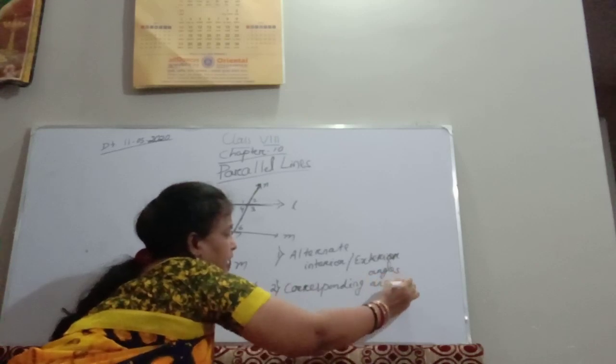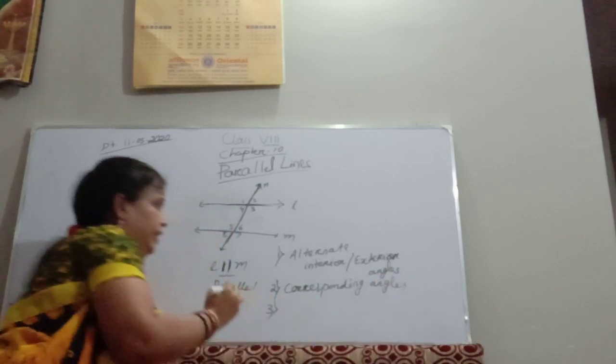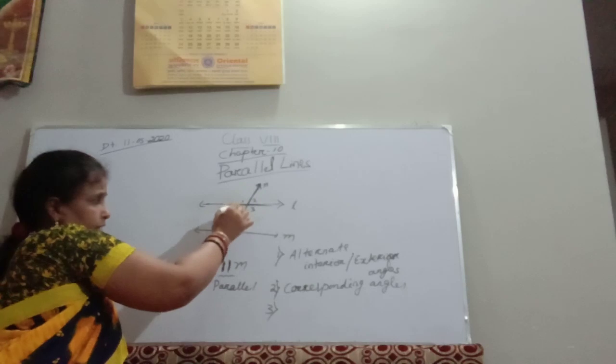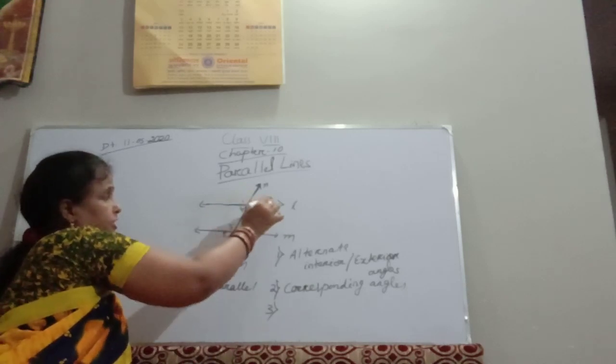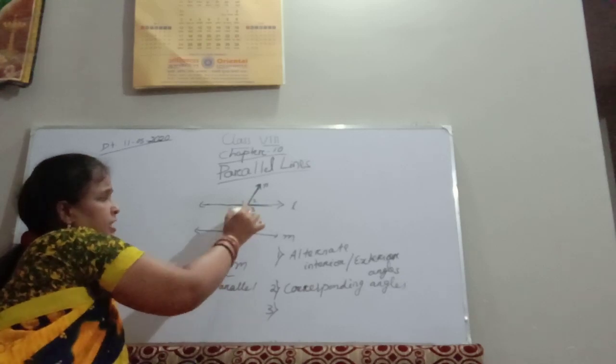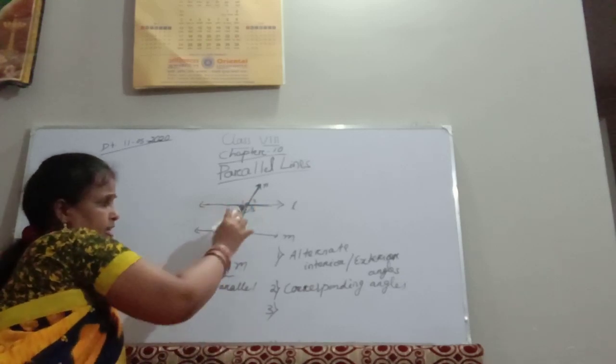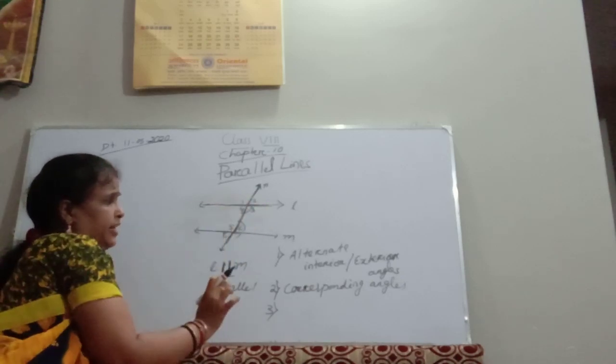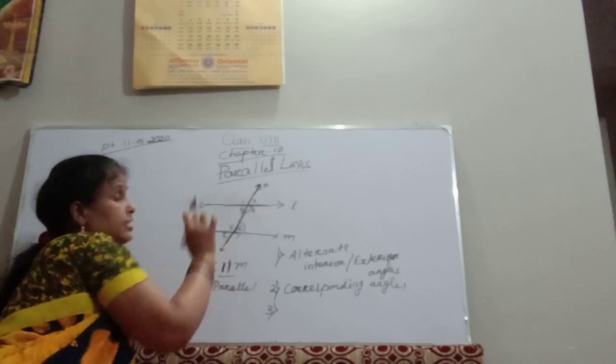Next, whenever you see in between the two lines, on the same side of the transversal line, that means angle 3 and angle 6, they are supplementary.